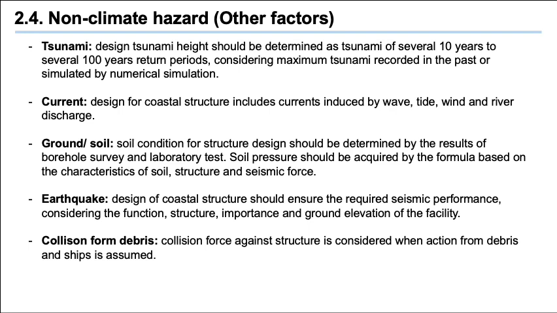The design of coastal structure should ensure the required seismic performance considering the function, structure, importance, and ground elevation of the facility. The fifth one is the collision from debris. The collision force against the structure is considered when action from debris and ships is assumed.